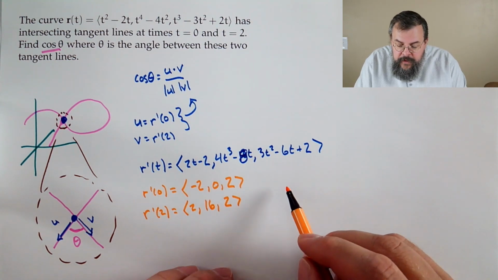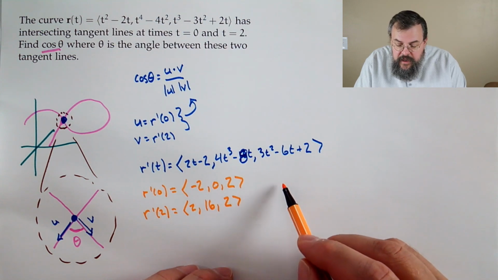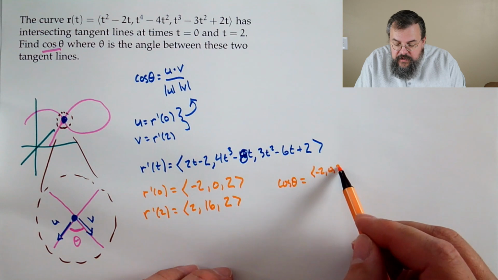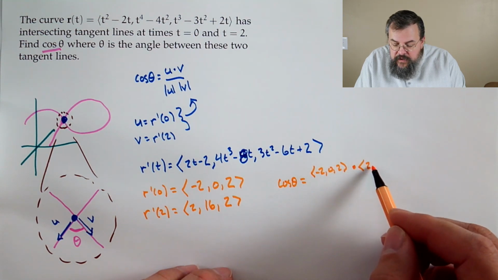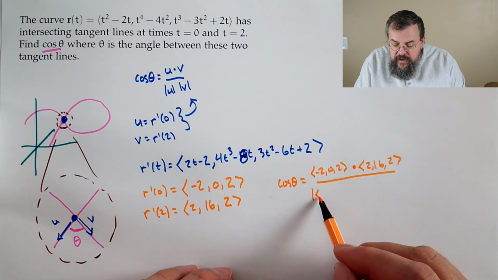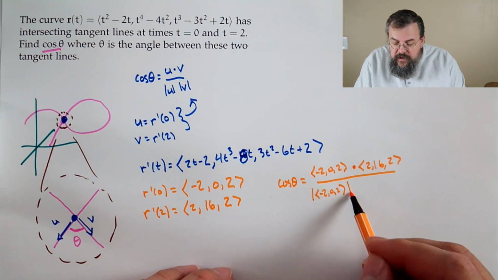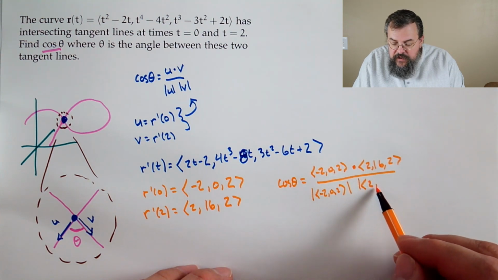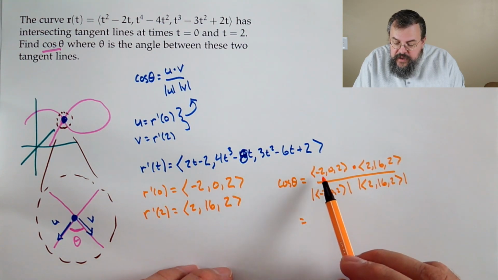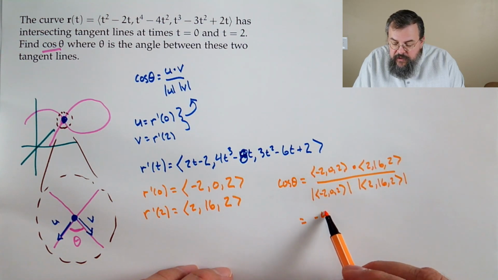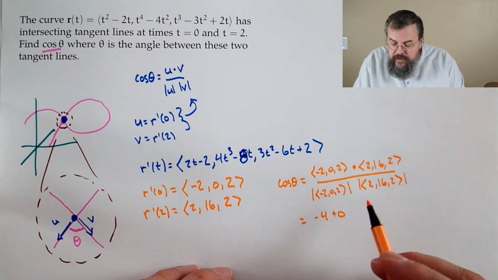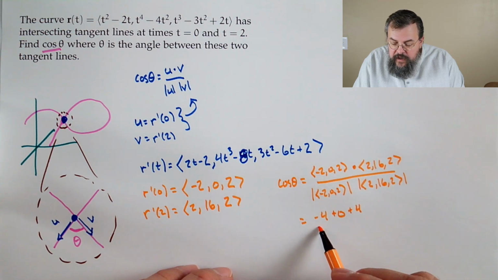So, here we go. We know our answer is going to be cosine of theta is the dot product of minus 2, 0, 2 with 2, 16, 2, divided by the magnitude of minus 2, 0, 2 and the magnitude of 2, 16, 2. Well, if we do our dot product upstairs, minus 2 times 2 is minus 4, 0 times 16 is 0, and 2 times 2 is 4.